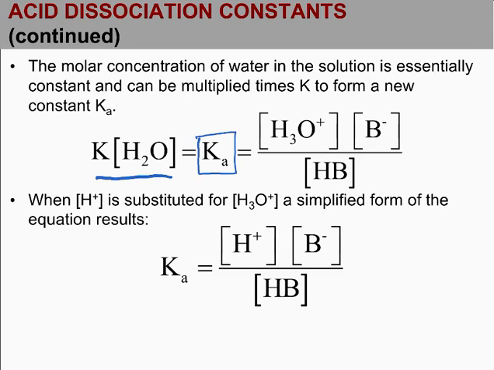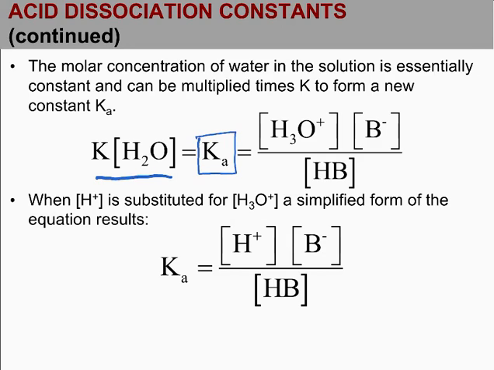Now if we rewrite our expression, the acid dissociation constant Ka is equal to the concentration of hydronium ions times the concentration of the conjugate base divided by the concentration of the original acid.